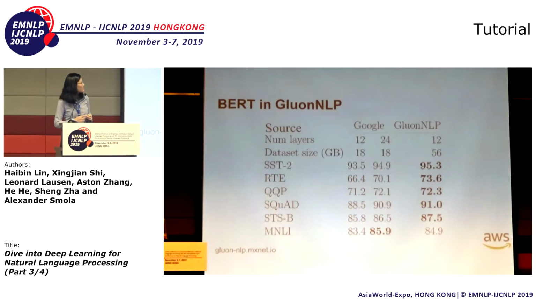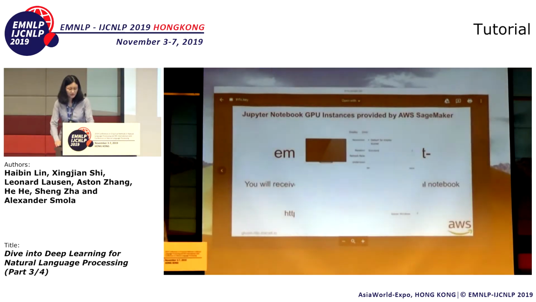This is just results from the BERT models trained in GluonNLP versus Google. In most cases, we can reproduce the results, and in some cases, we're slightly better than the models trained by Google. So in the next session, we're going to look at how we can fine-tune the BERT model for question answering.